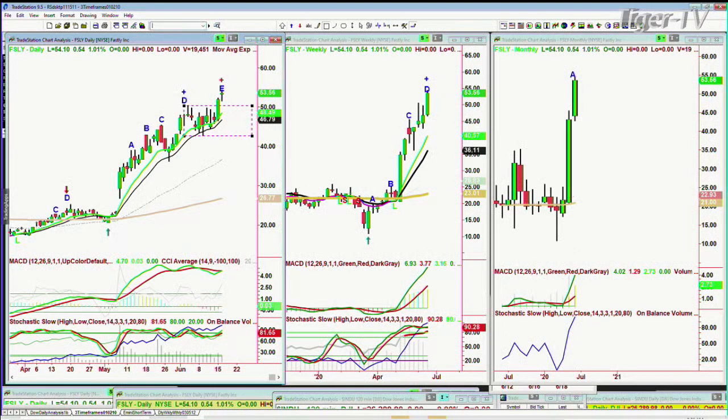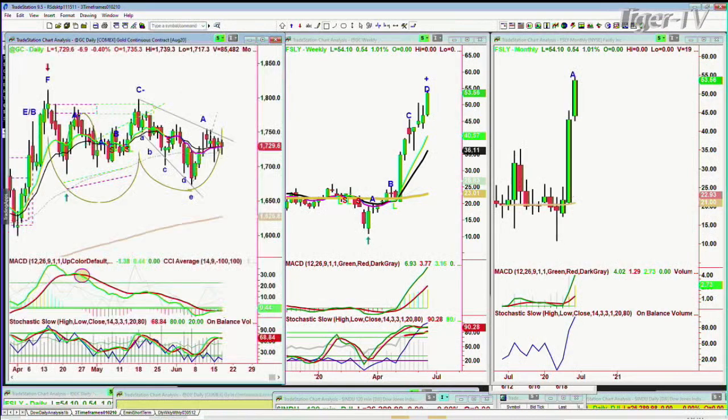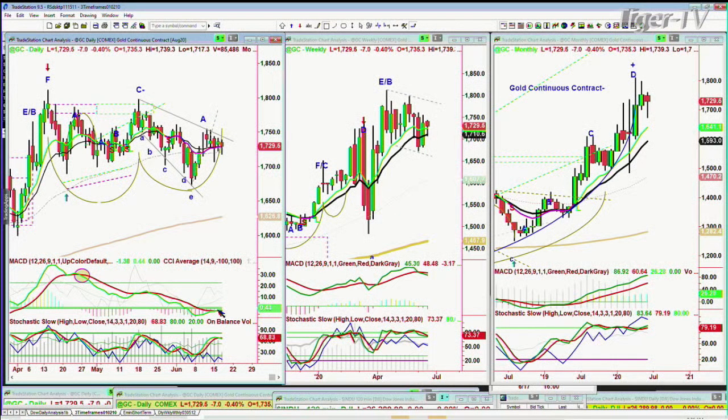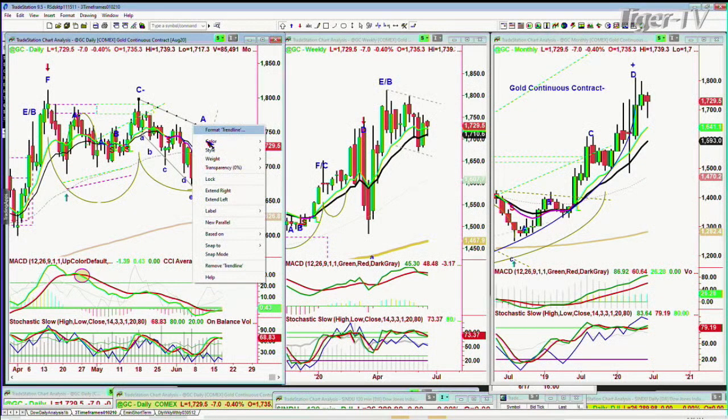Next question I had, did I get any questions? Yes. A question about gold. Yep, gold right now. Gold is down 7 at 1729. Remember, we were talking about that falling axe? Look, here's a declining line. Here's a declining line. So lower highs and much lower lows. And it just says very simply, I'll do this live here. Let me show you. I'm going to make this green.